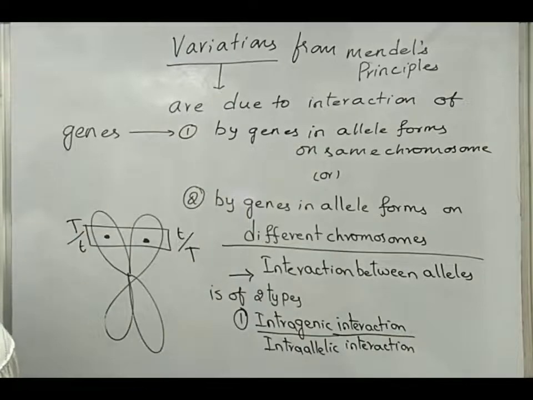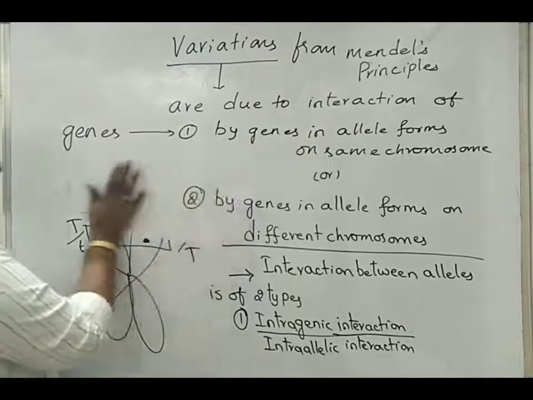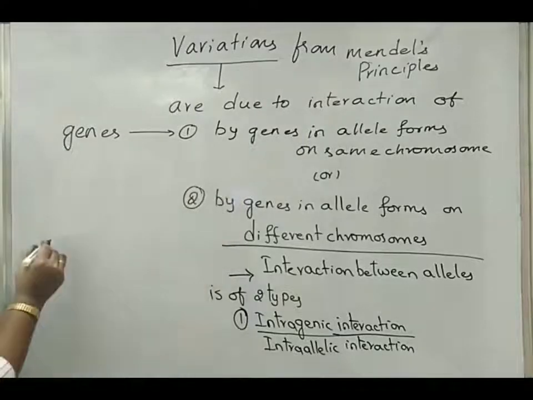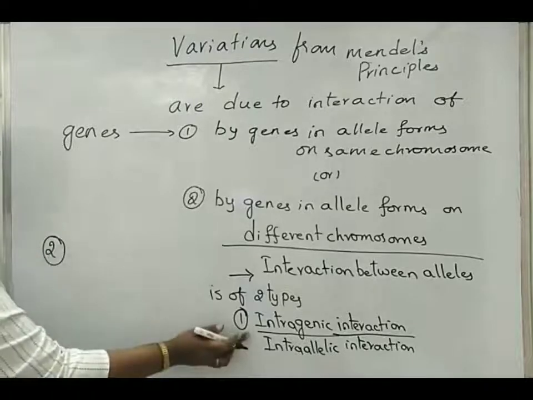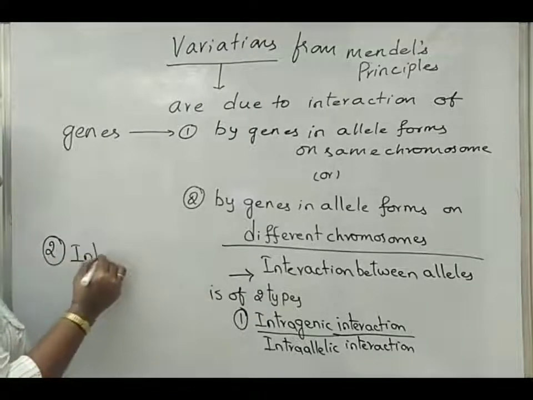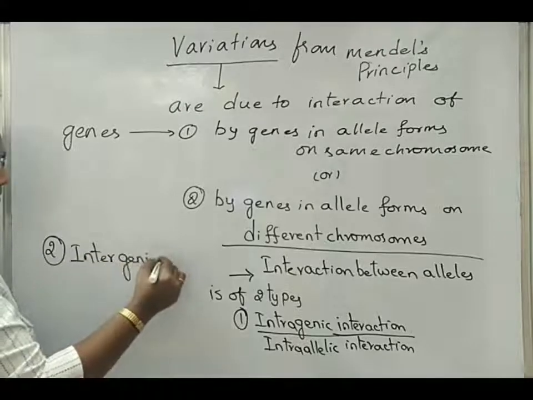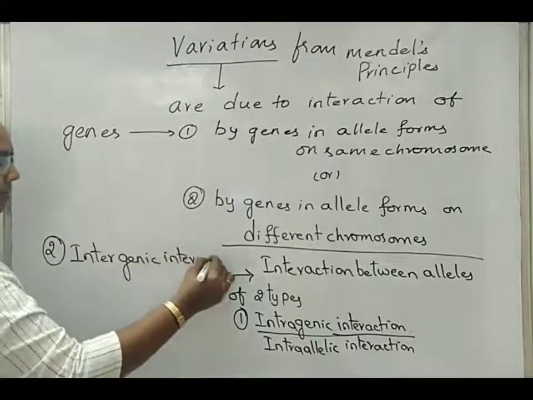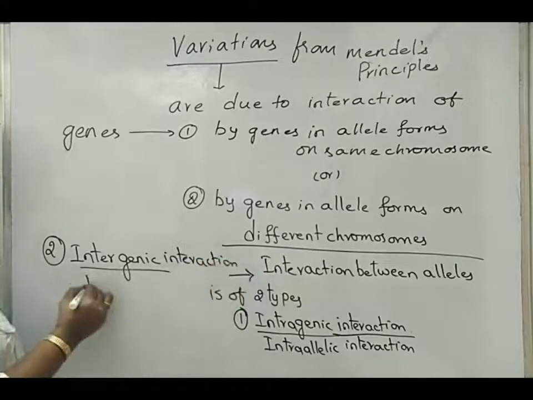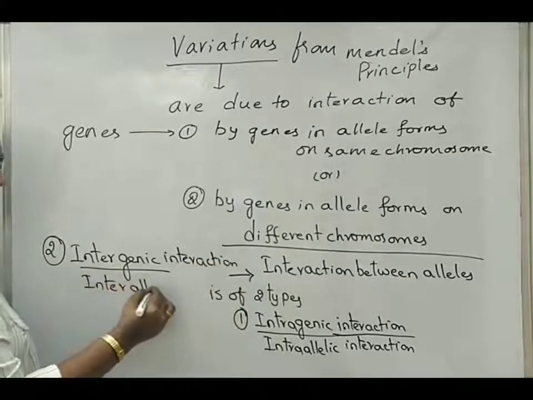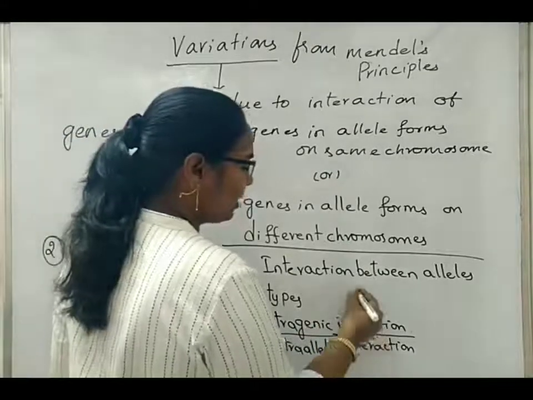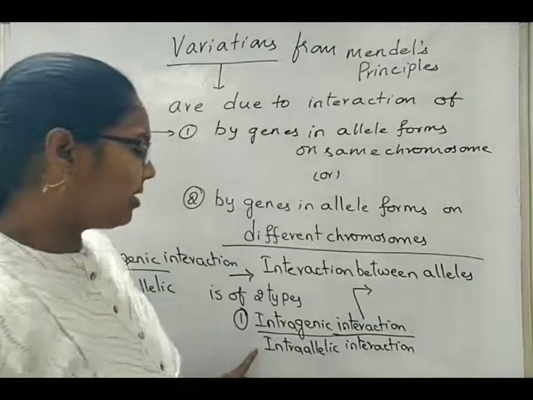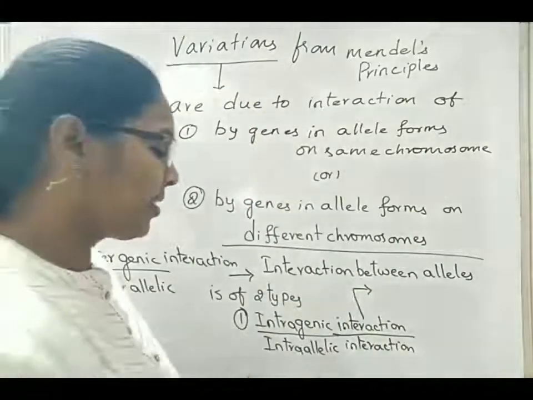Another type, the second type of interaction, is intergenic interaction, or interallelic interaction. So here, what are the examples that we can study under intragenic interaction or intra-allelic interaction?